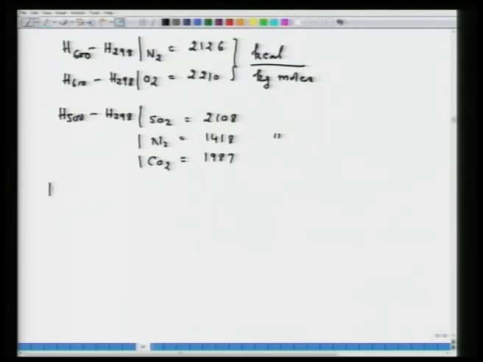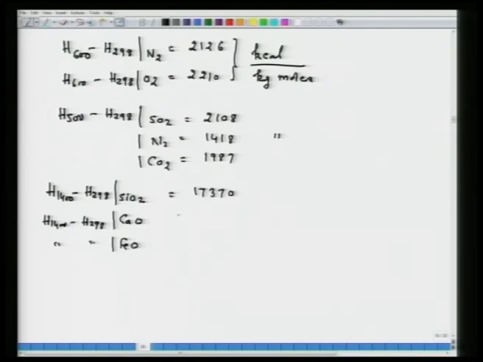Similarly, H1400 minus H298 for SiO2, CaO and FeO, you can write down here, and the values are 17370, 13430 and 14520, that are again all in kilocalorie per kg mole.